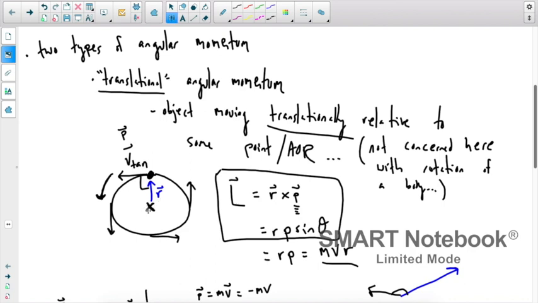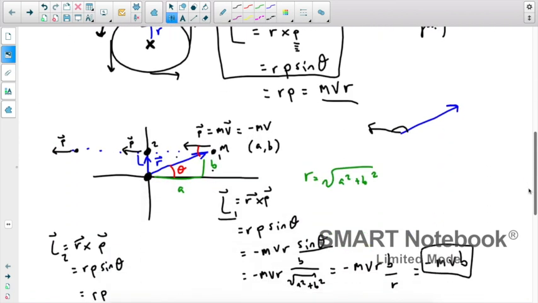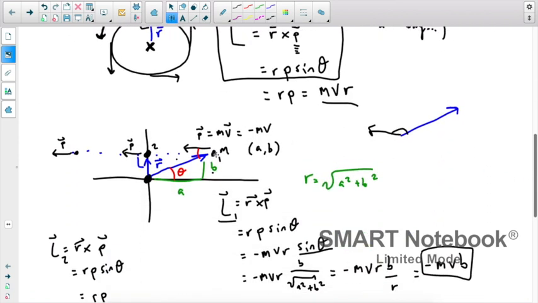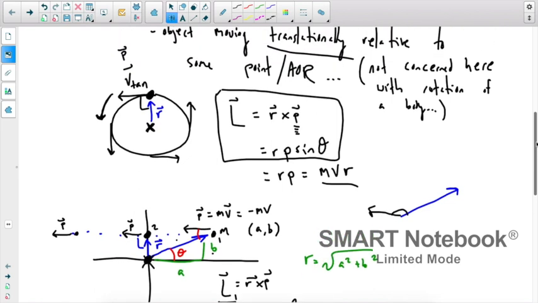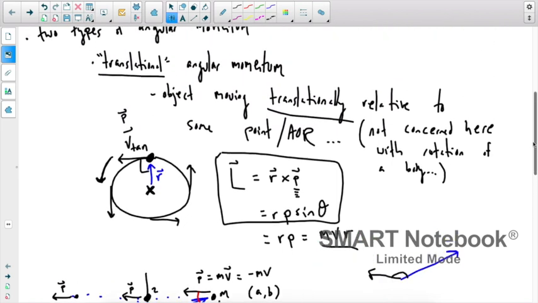That point in space could be an axis of rotation if my point is actually part of a rotating system, or it could just be a random point in space. If my moving object here, my mass, is just moving translationally and it's never rotating at all, I can still say it has an angular momentum relative to some point, and I would just need to define that point, and here I've said that point is the origin. So hopefully you are getting the hang of this idea of translational angular momentum.